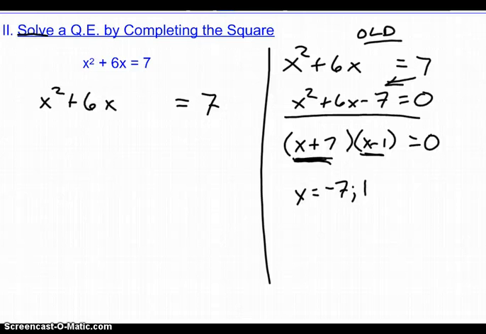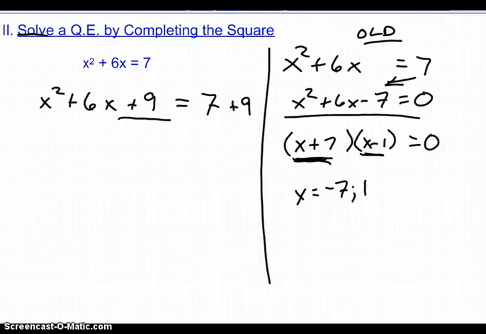So, JD, what will we add to make this a perfect square trinomial here? We're going to add 6 over 2, which is 3. 3 times 3 is 9. Good, adding 9. Now, when we're adding 9 to an equation, on the left side, what must we do?